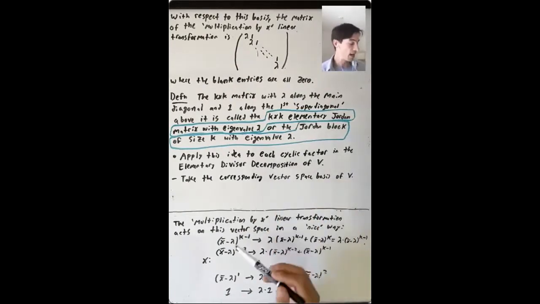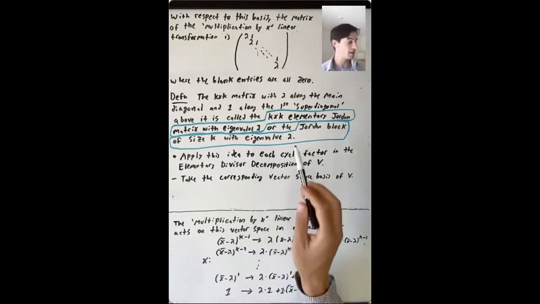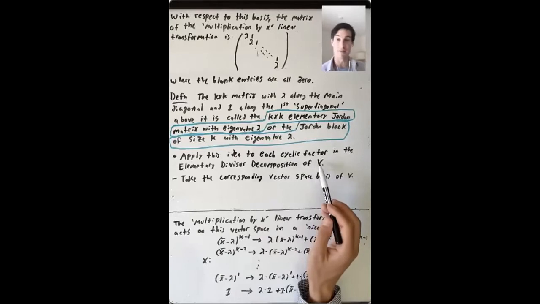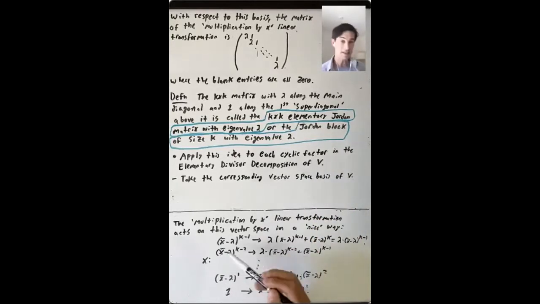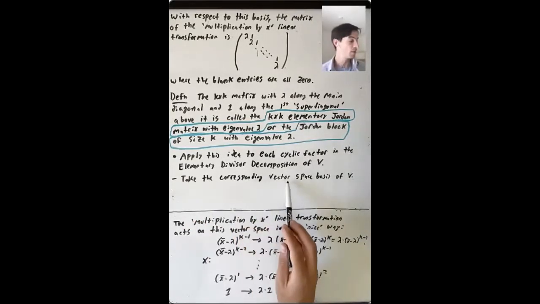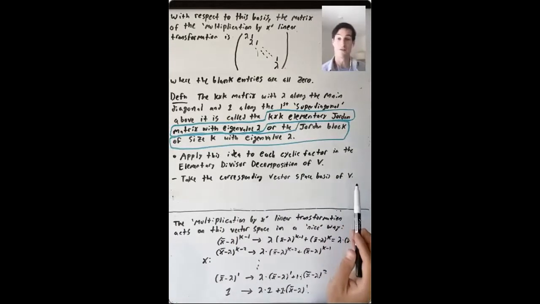So we're just going to apply this idea, choosing the vector space basis for this quotient that looks like this for each one of those cyclic factors in this elementary divisor decomposition. These elements are elements of these quotients, but since V is isomorphic to the direct sum of all of these quotients, each one of these elements in that quotient corresponds to some element of V under that isomorphism. So we're going to take the corresponding vector space basis of V.